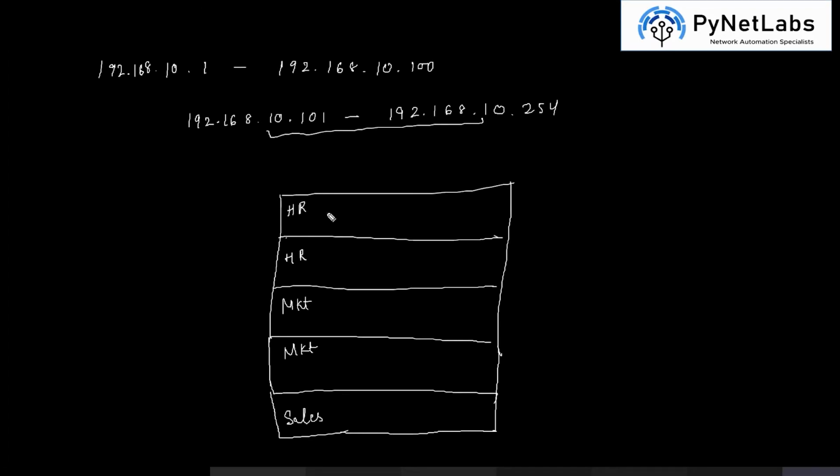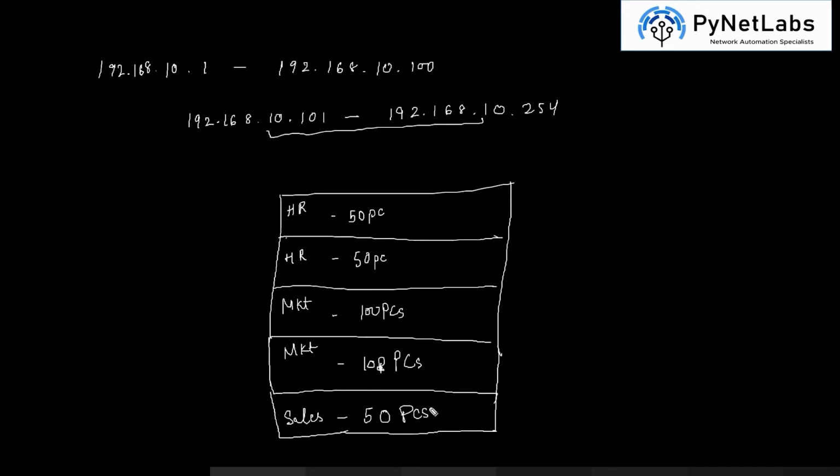So let's say the HR department requires 50 PCs on each floor. Then on the marketing department, we have a need of 100 PCs. Here also 100 PCs. And at last, at the sales, we have a need of 50 PCs.